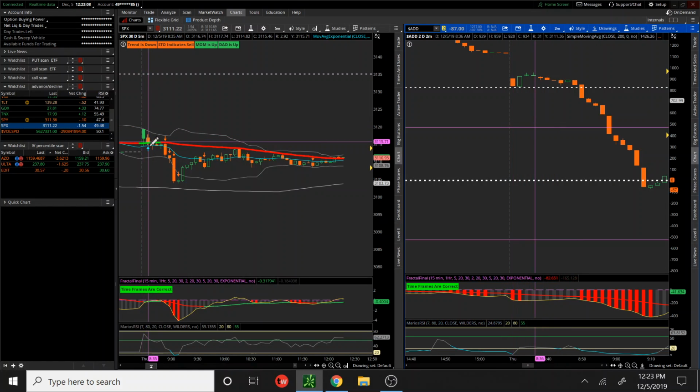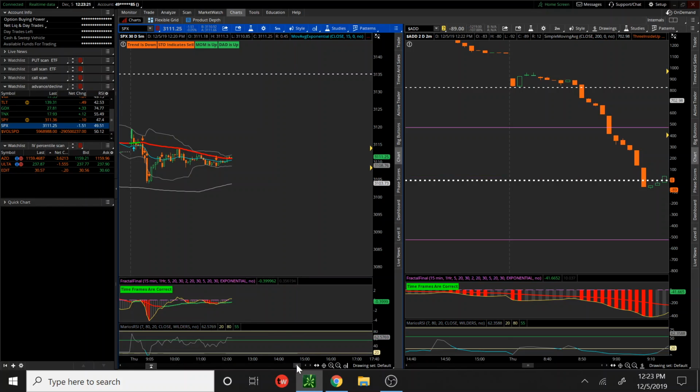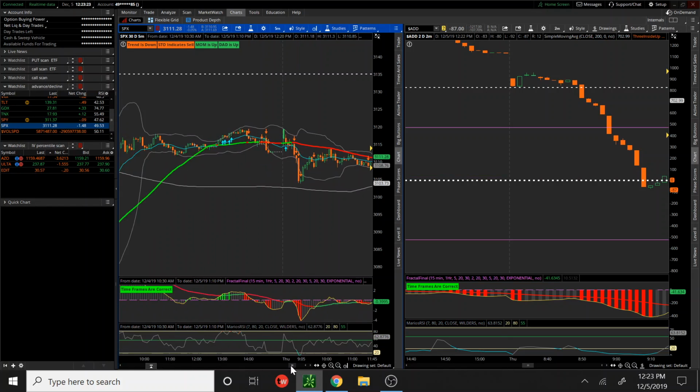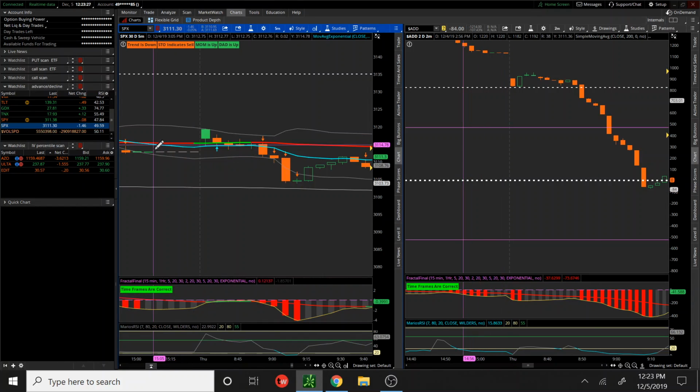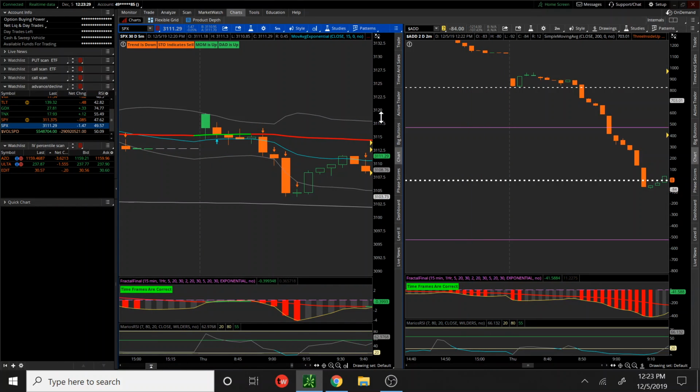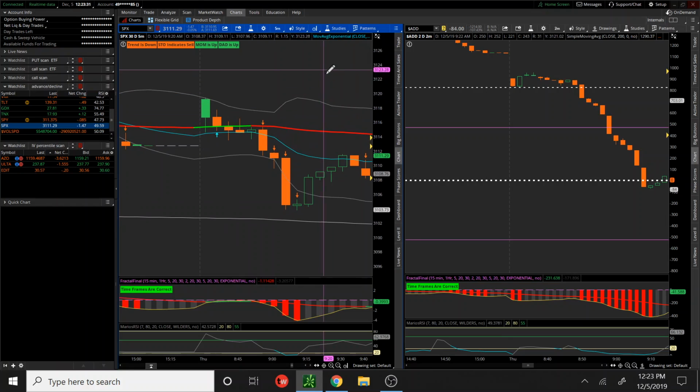The MACD is flat, RSI, there's not really much. All moving averages are just kind of flat, and even right now there's just no indication of much going on. So at open, very choppy. So what triggered this trade?